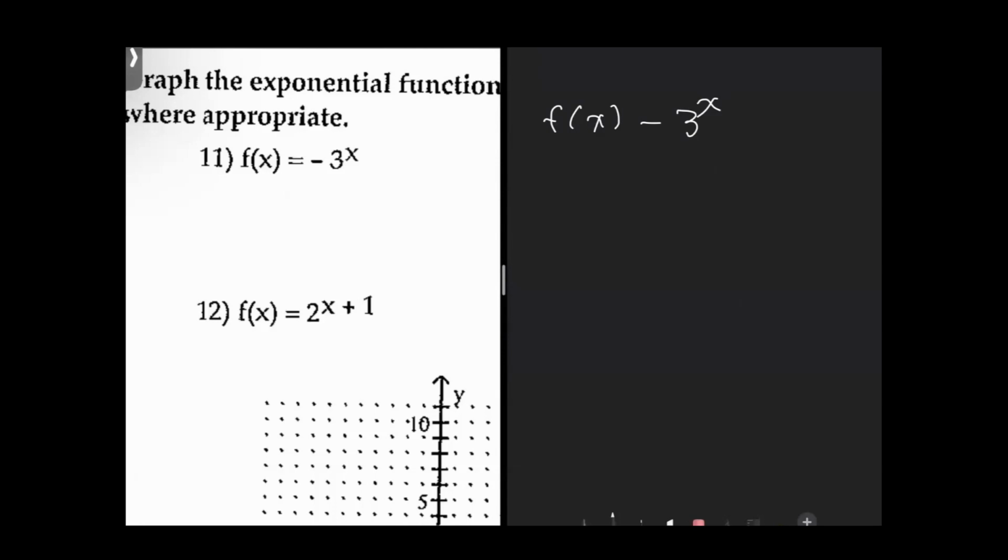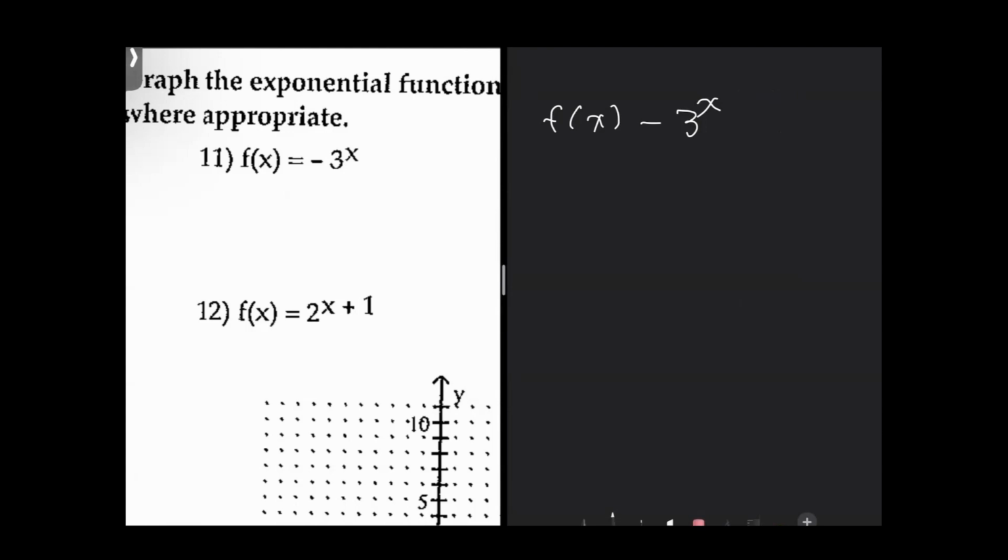So currently at the moment, there is no number in this section. Therefore, there is no vertical shift. And also, there's no number with the x, which means there is no horizontal shift. But we have a negative that may change the feature of the graph.